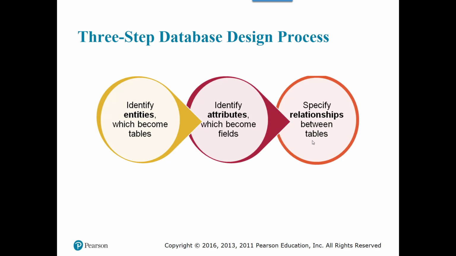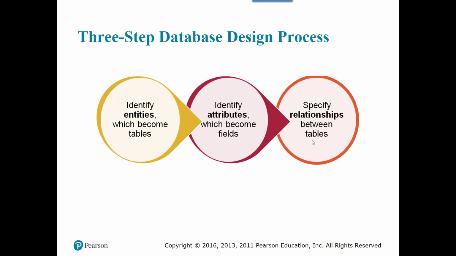If we look at attributes, which turn into fields, attributes are information about an entity. If we think about a personnel or employee table or entity, what are the things that you want to know about an employee?